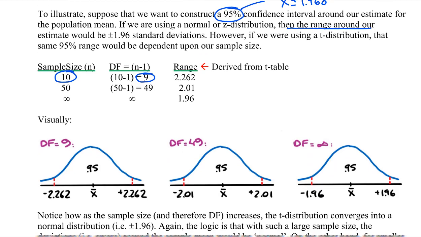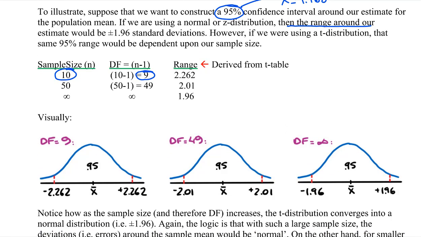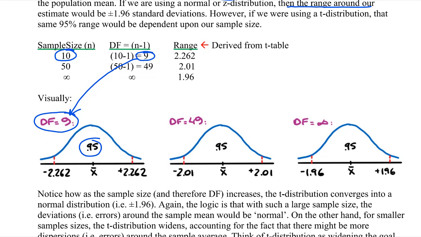So if you wanted to construct a 95% confidence interval using t-distribution, let's match up everything. Here it is, 9 degrees of freedom, 95% confidence interval, and the t-distribution says you would have to deviate plus or minus 2.262 standard errors away from the mean.